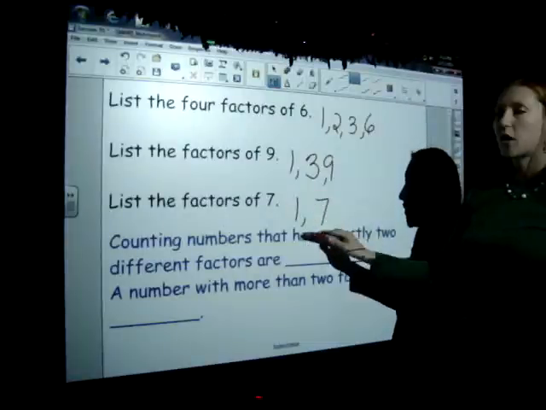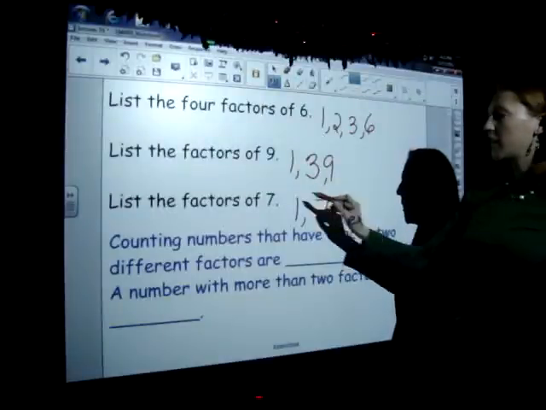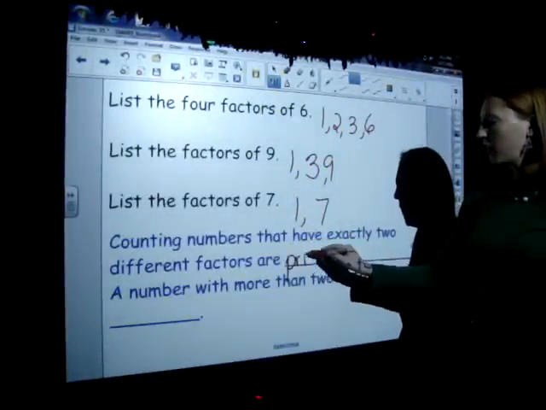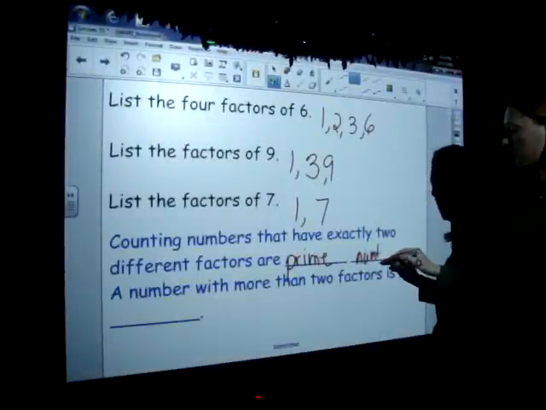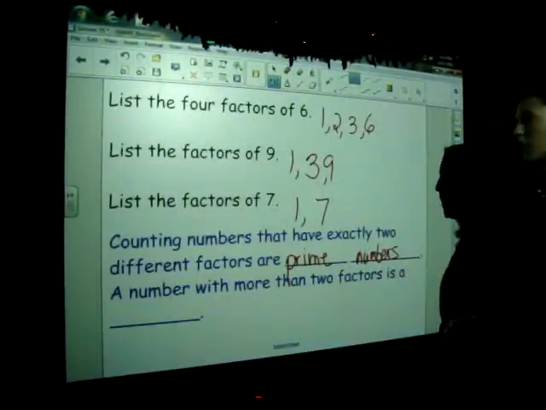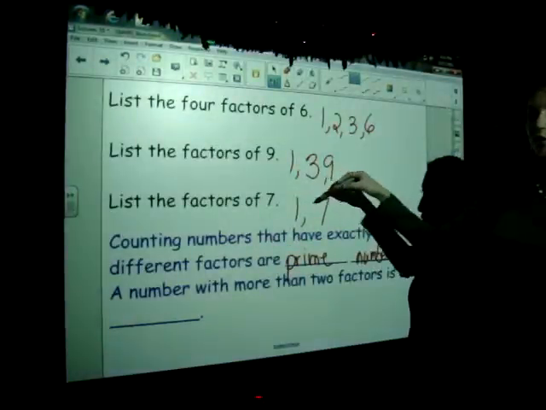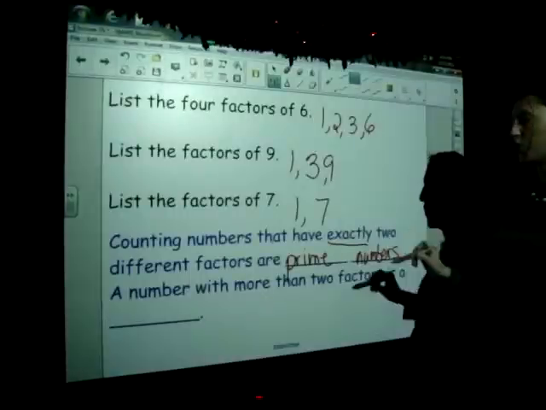This is a special number here. When its only factors are 1 and itself, we call those prime numbers. So, counting numbers that have exactly 2 different factors. So only 2. Exactly 2.